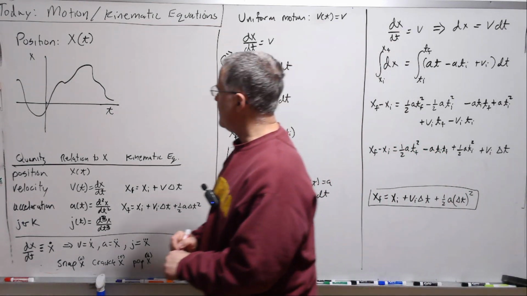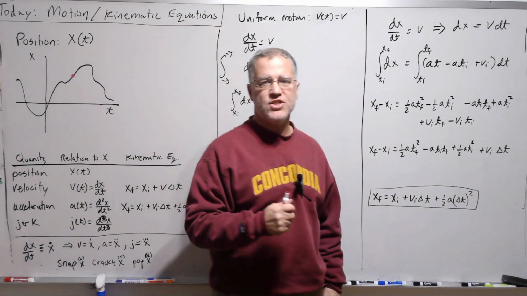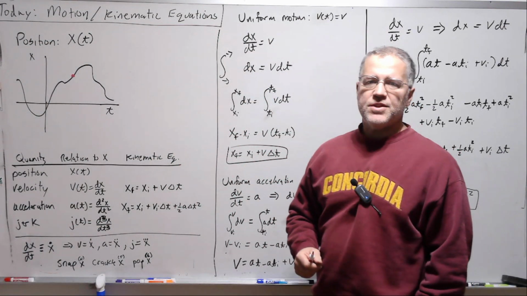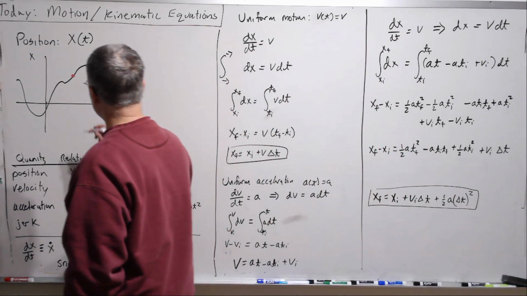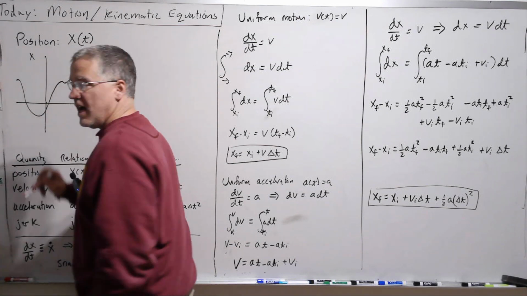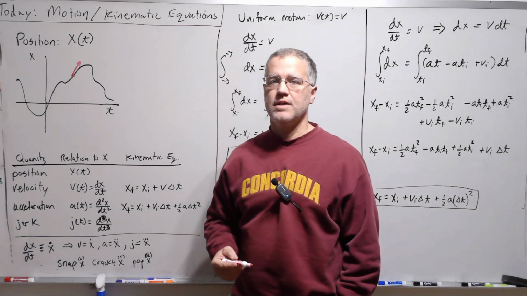Now, at any given instant, we want to know the position of that object, but there are also other physical quantities that we would like to know at this position. For example, what's its velocity? How fast is it moving? What's its acceleration? Is it accelerating?